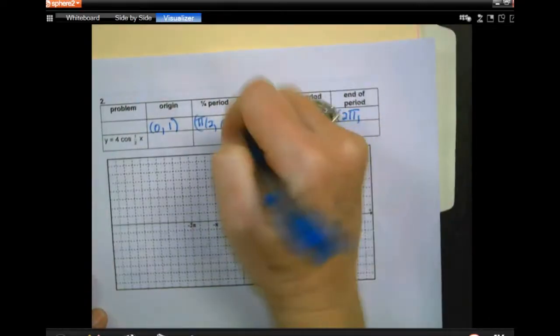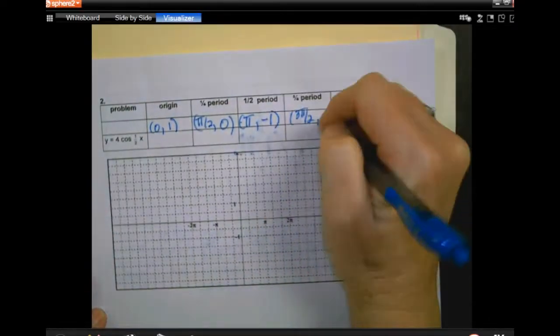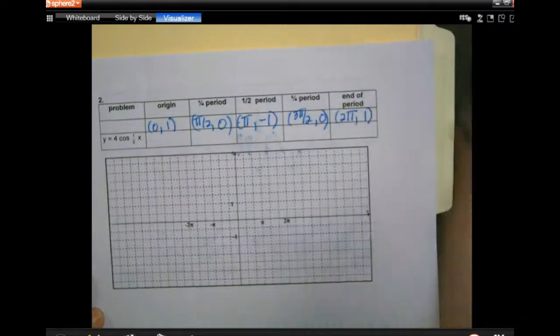So what is the x value at 0? 1. So this time we're going to start with 1. 0, negative 1, 0, 1.